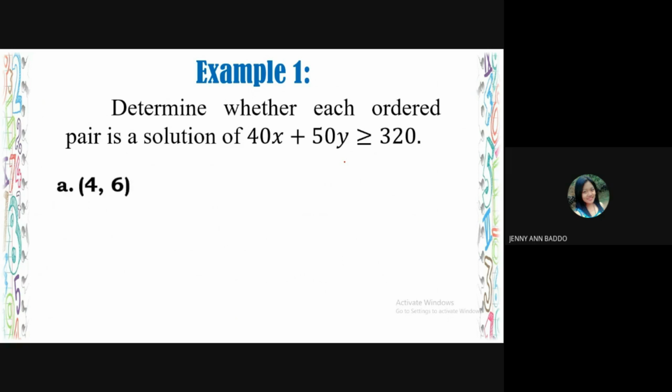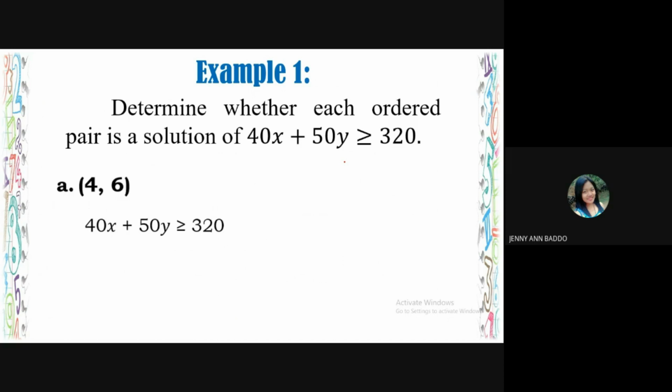First, we have 4, 6. So considering the given inequality, we have 40x plus 50y is greater than or equal to 320. Now, to determine if it is a solution of the given linear inequality, we have to substitute the values of x and y to the given linear inequality.